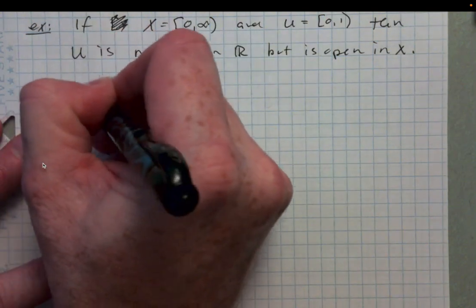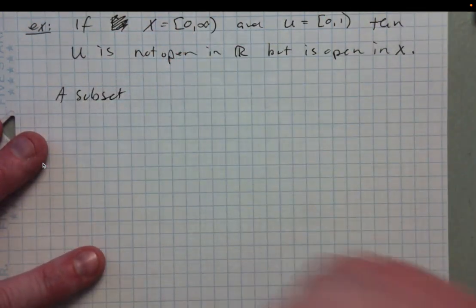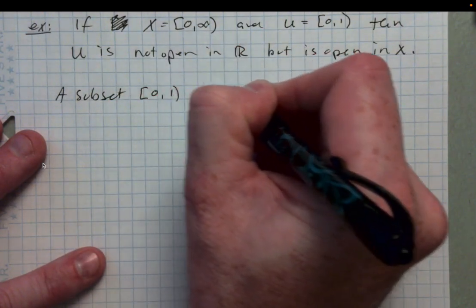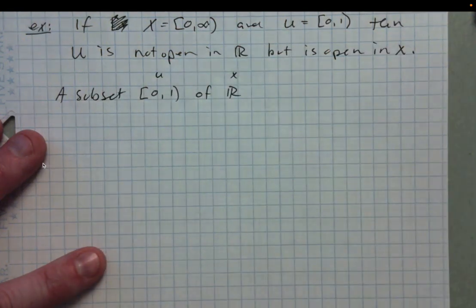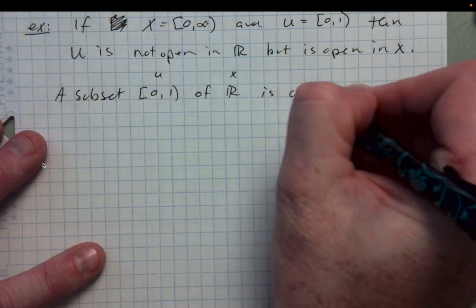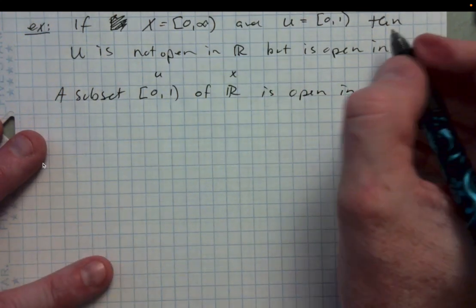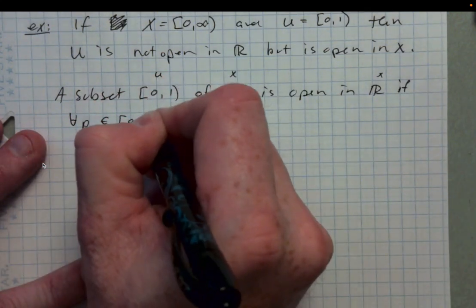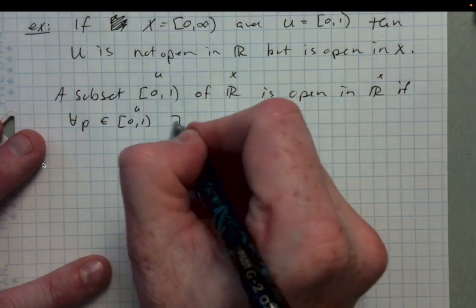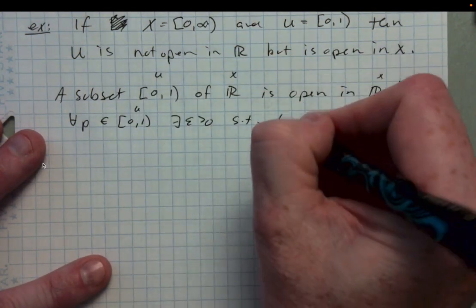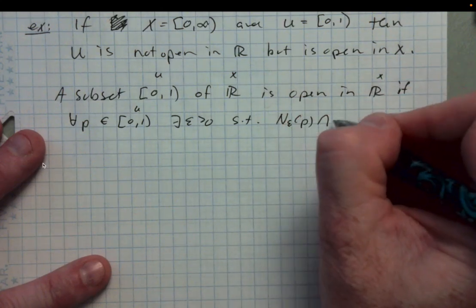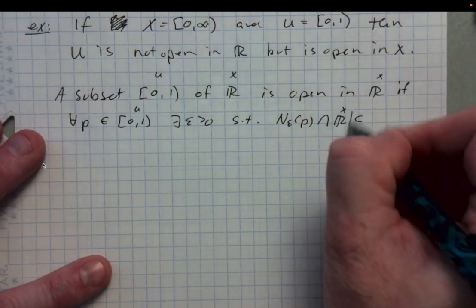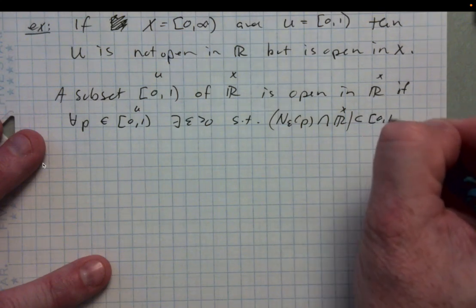A subset U of X, and in this case U would be 0, 1, and X would be R. A subset 0, 1 of R is open in R, i.e. X, if for all p in 0, 1, i.e. U, there exists an epsilon greater than 0 such that the epsilon neighborhood of p intersect R, which was X in the definition, is contained in 0, 1, the U set.